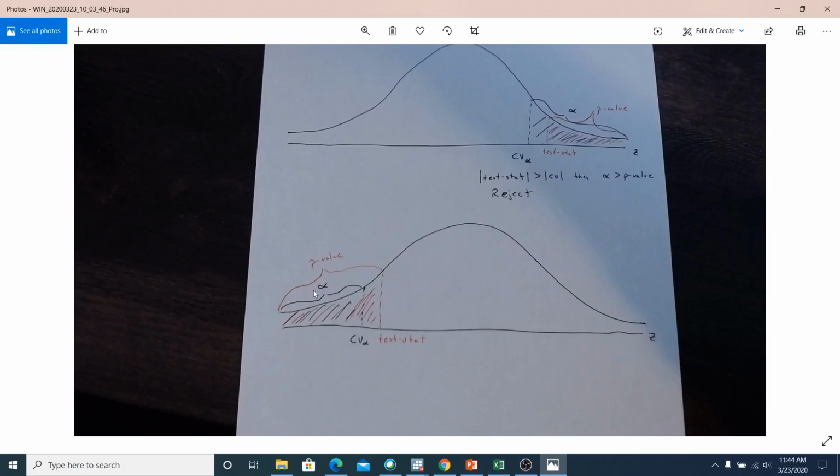So now my p-value is going to be greater than that desired alpha, so I would fail to reject. So the p-value is greater than my alpha, I fail to reject, and it would have to be that my test statistic is pushed outside of that rejection region. So we're always going to make the same decisions, because the p-value is explicitly linked to that test statistic, and alpha is explicitly linked to that critical value.